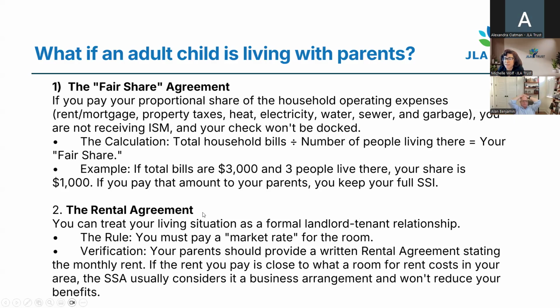In this second case, you could even look at Airbnb, or you could look at rental rates in your area. How much would someone rent out one bedroom and access to a bathroom and kitchen for? You make that the market rate, and then you have a written rental agreement. And this holds true even if the adult child is conserved.